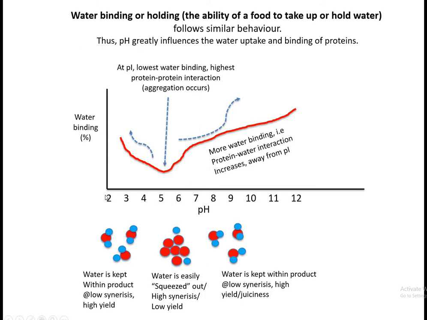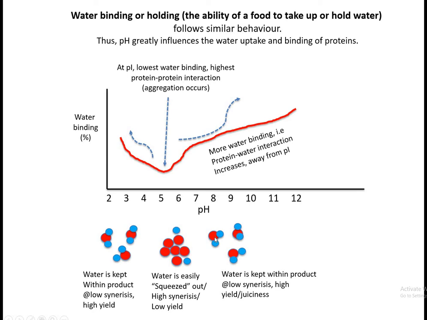Okay, water binding or water holding, so more or less the same. This is the ability of a food to take up or hold water. As we move away from the isoelectric point, we have more water binding. We have an increase in the protein-water interaction.